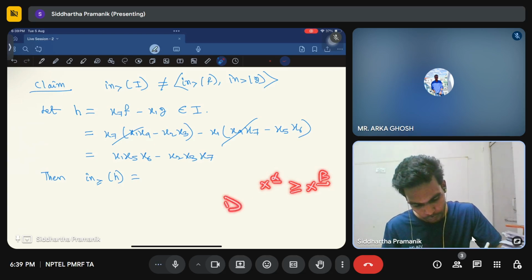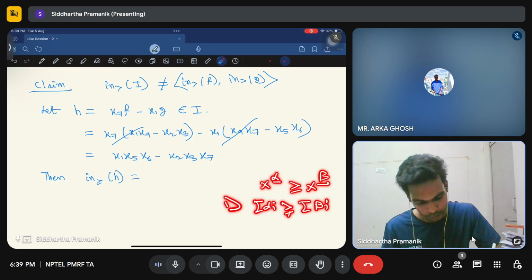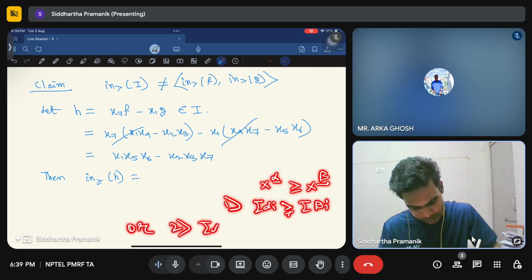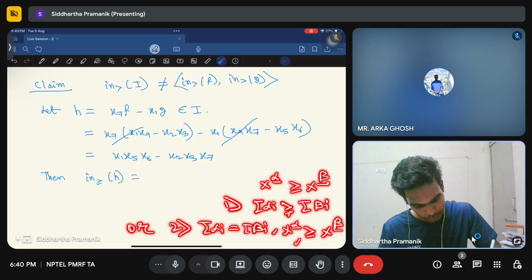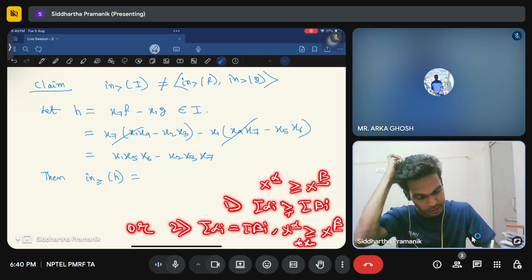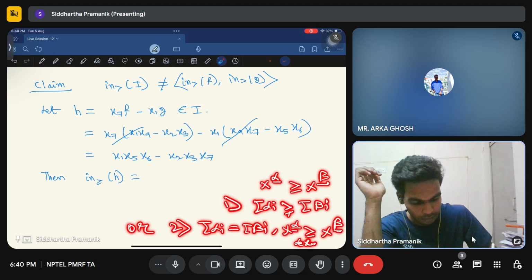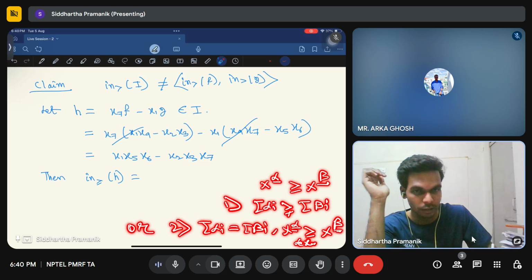First of all, if the total degree is bigger, then x to the alpha is bigger, and if the total degrees are the same, then we just check what happens in lex. What happens in lex means, if we take the difference vector of alpha and beta, then the leftmost nonzero entry should be positive.